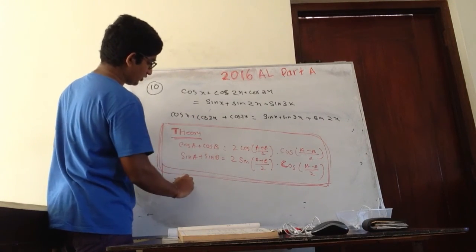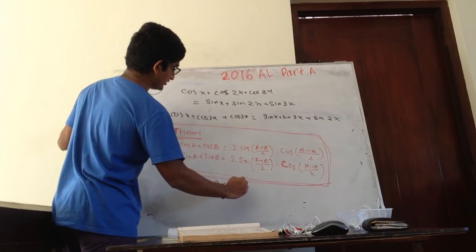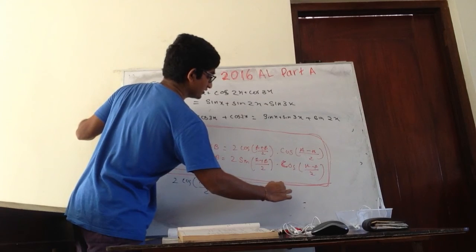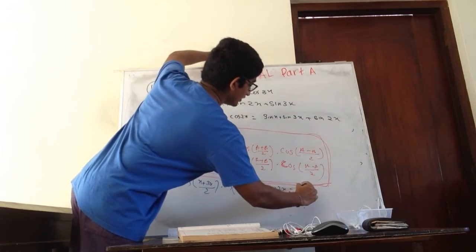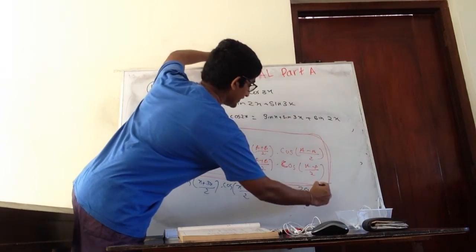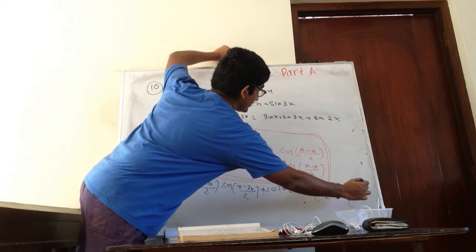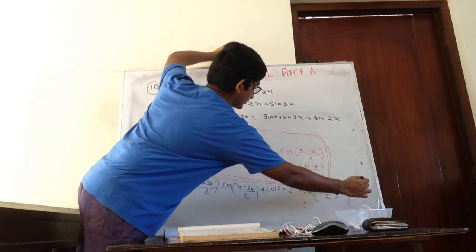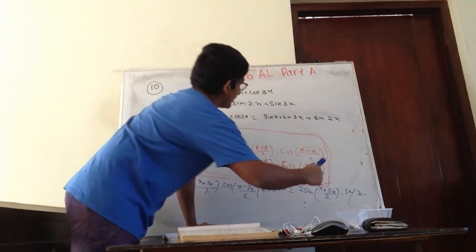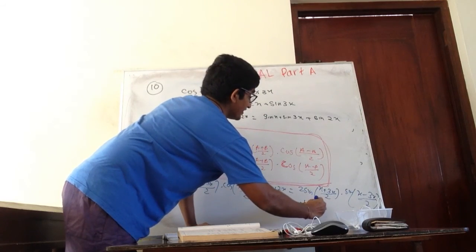2 times cos of (x plus 3x) over 2, cos of (x minus 3x) over 2, plus cos 2x equals 2 sin of (x plus 3x) over 2, cos of (x minus 3x) over 2, plus sin 2x.